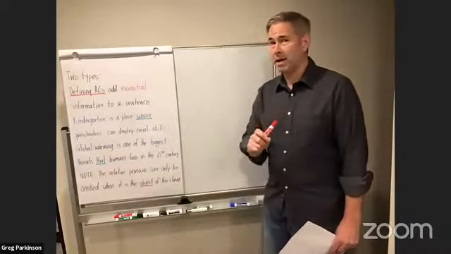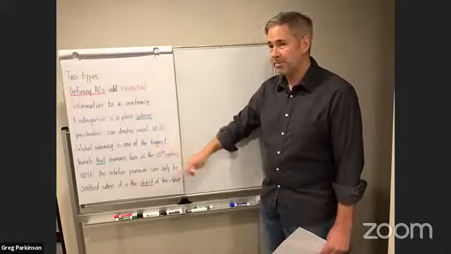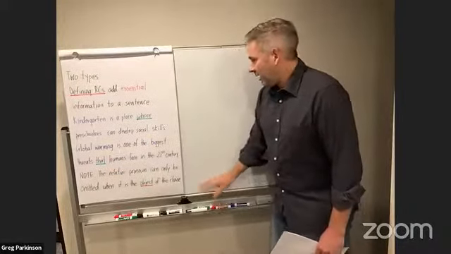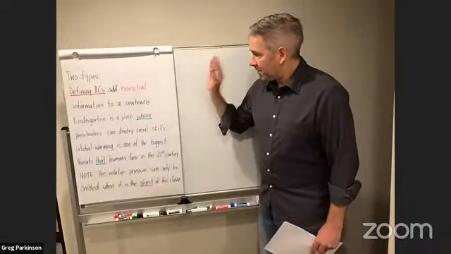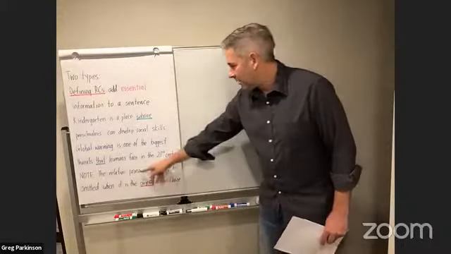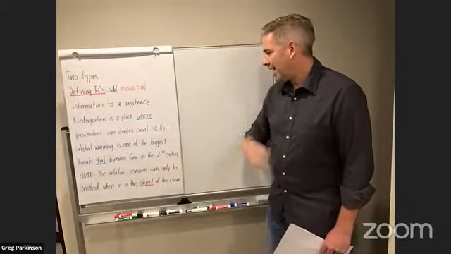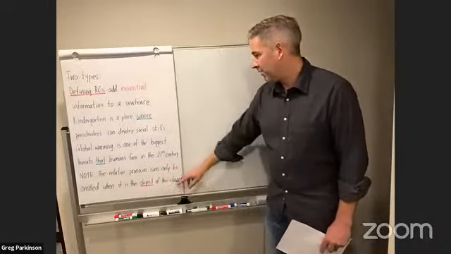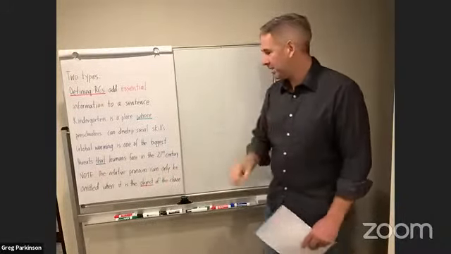And on the grade site, if you practice this question, you'll notice that on the grade site, that is omitted. That's a feature of defining relative clauses. So the relative pronoun can only be omitted when it is the object of the clause. That's really important to understand.